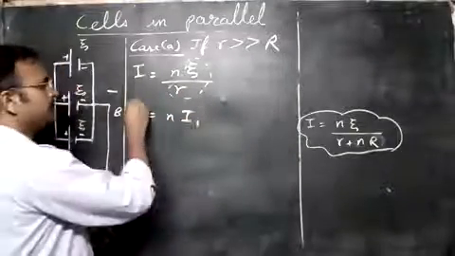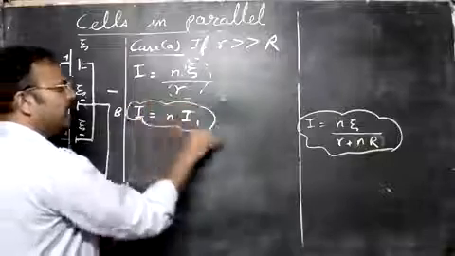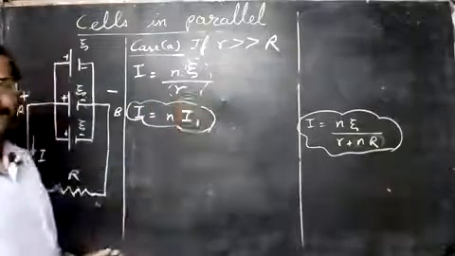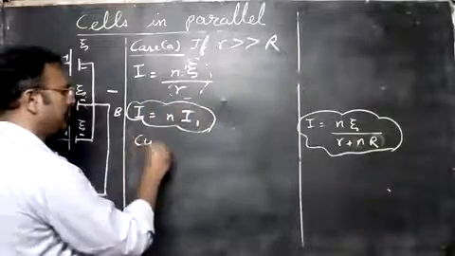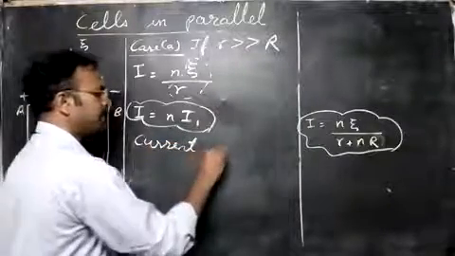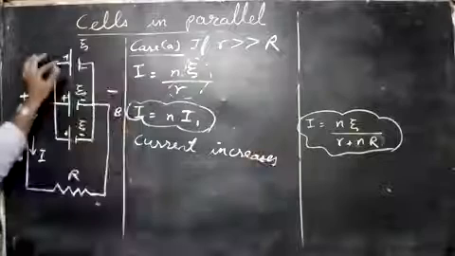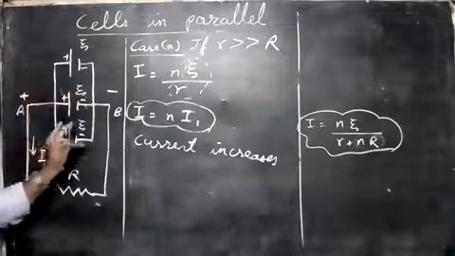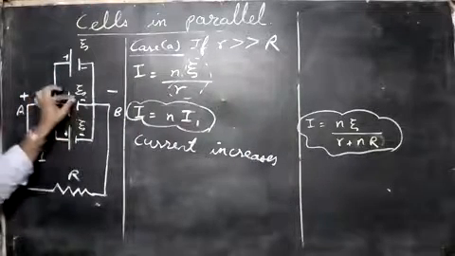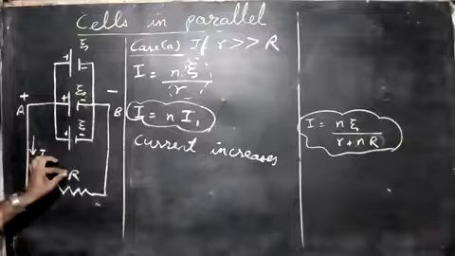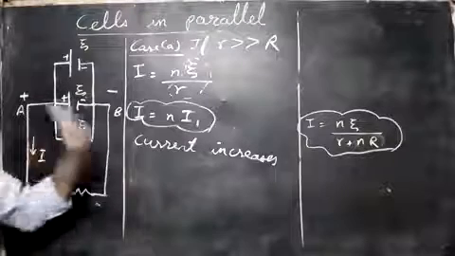What we can understand is the current will increase by n times. It's very simple to understand. So when you keep many cells in parallel, and if the internal resistance is greater than the external resistance, then the current will increase.